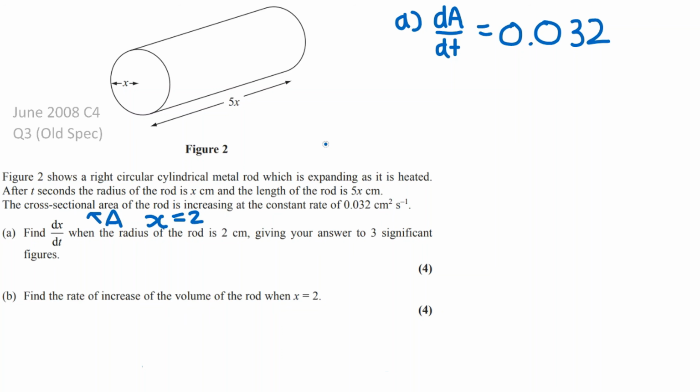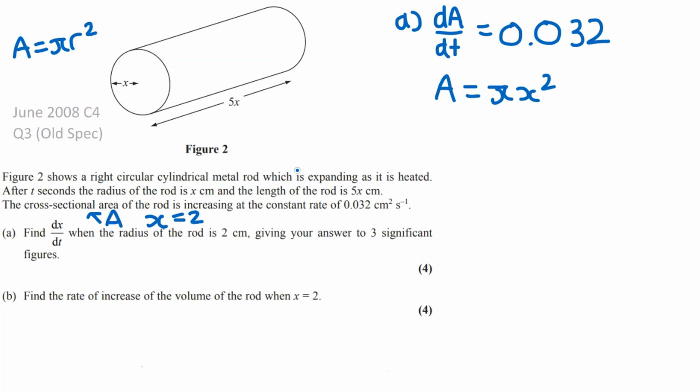We can get some more information from this, because the cross-sectional area is the area of this circle, and we know that the area of a circle is equal to pi r squared. So A, the cross-sectional area, is equal to pi x squared, because the radius of this rod is x.